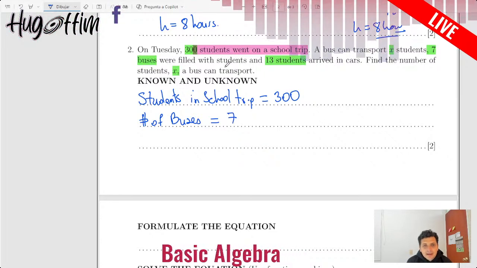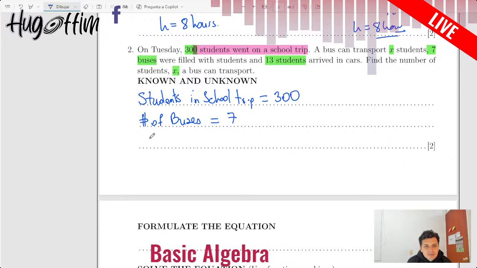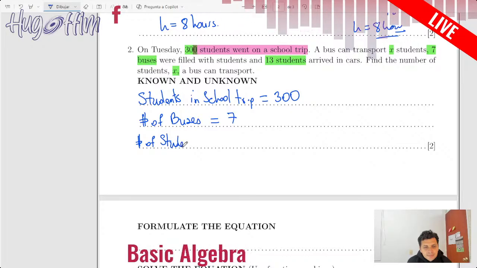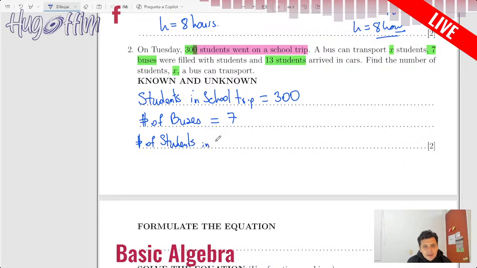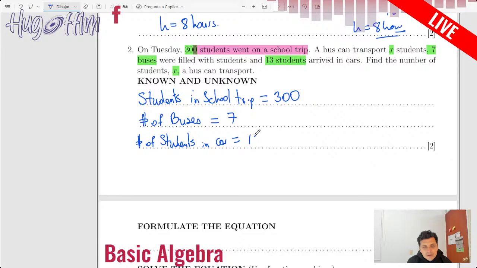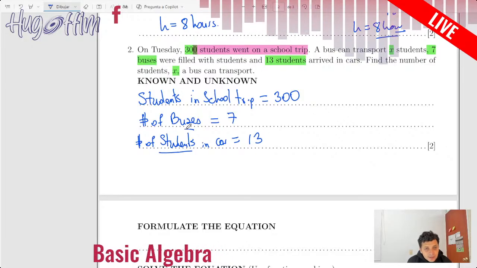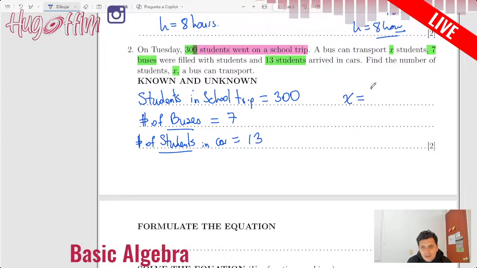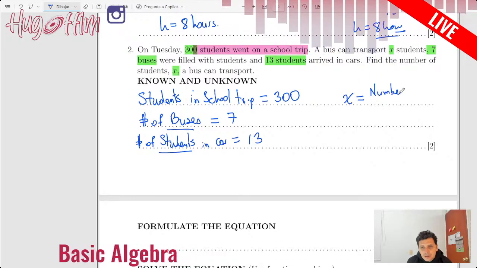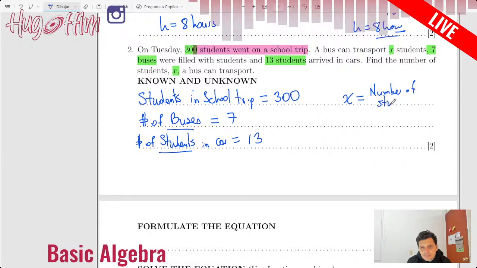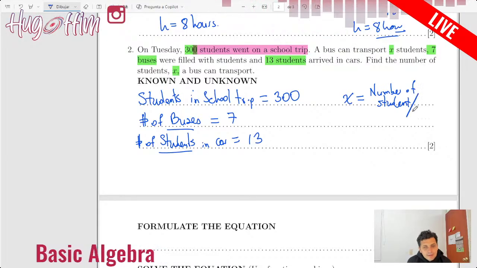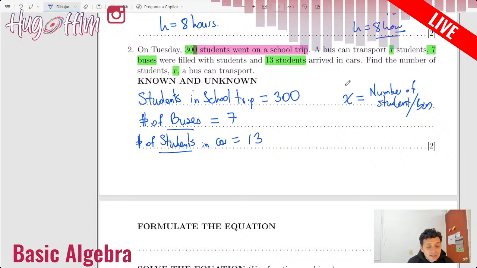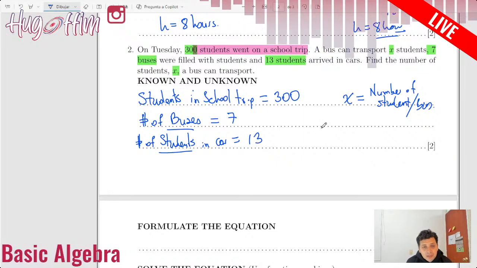Now, and 13 students arrived in car. Number of students in car, 13. Look at that. Here is students and here is buses. And the question is X. Number of students per bus, right? Now, I already have my known and unknown.